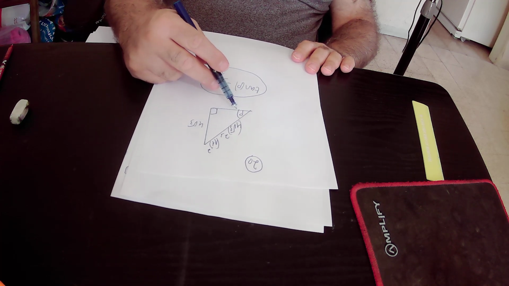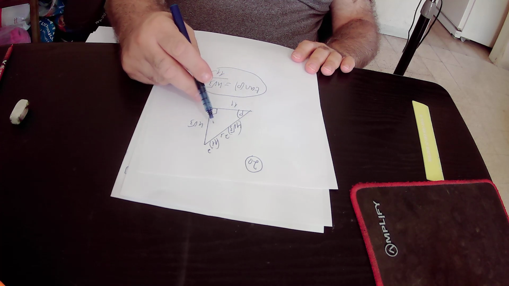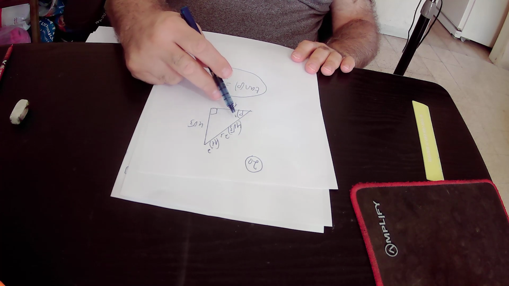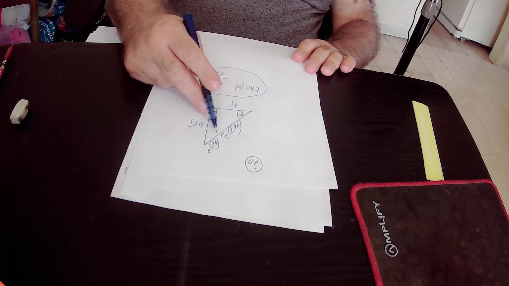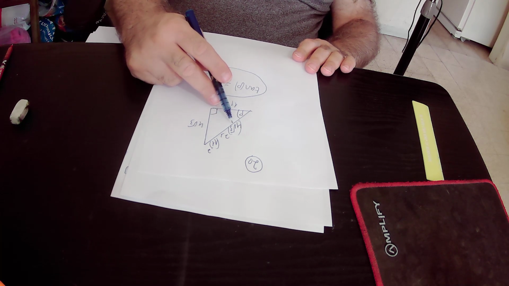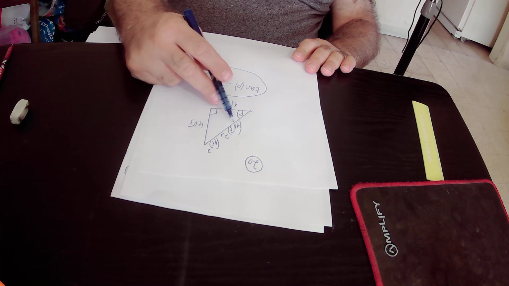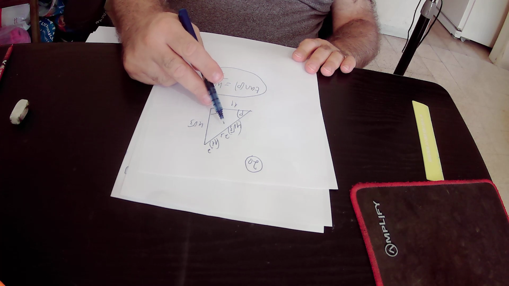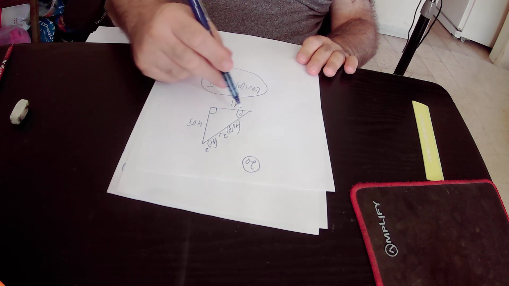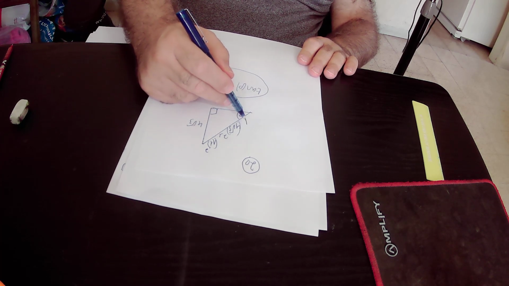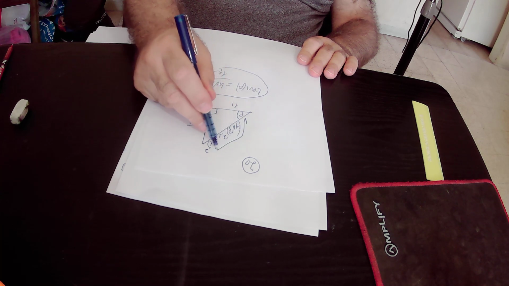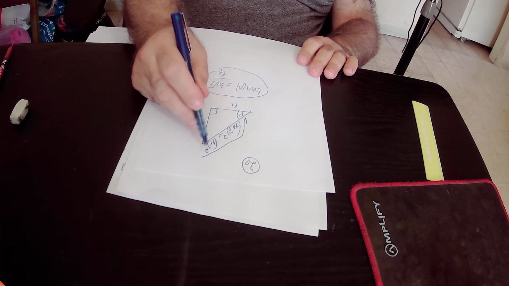But we want the hypotenuse itself and not its square, so we must take the root of this expression. So the size of the hypotenuse will be equal to the root of 4 times root 3 squared plus 11 squared.